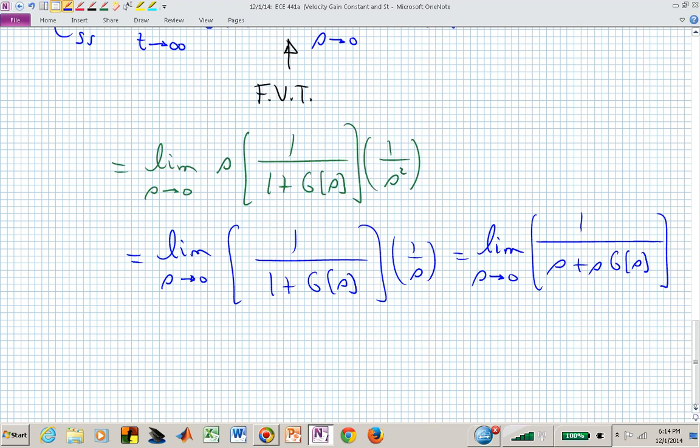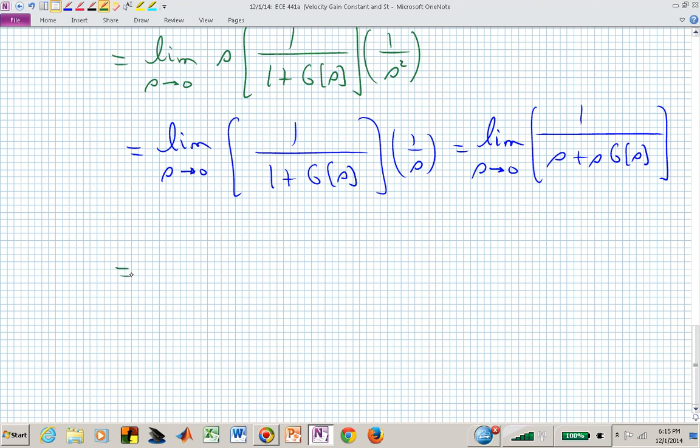That's our expression for little e sub ss, or the limit as time goes to infinity of our error signal e of t. There's nothing involving s in the numerator, which means that we can look at this limit strictly in the denominator, and we can now push that limit downstairs, and we now have the limit of the quantity s plus s G of s.